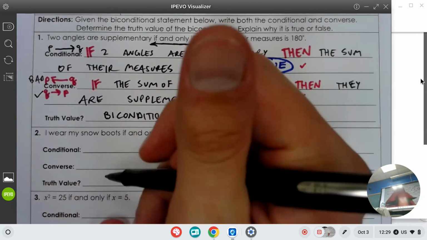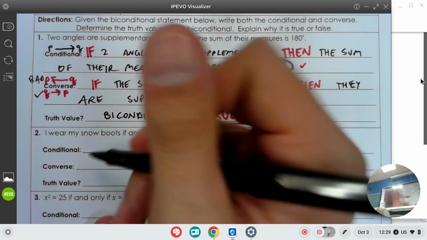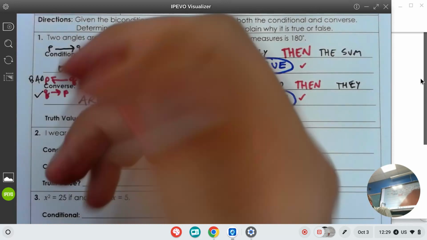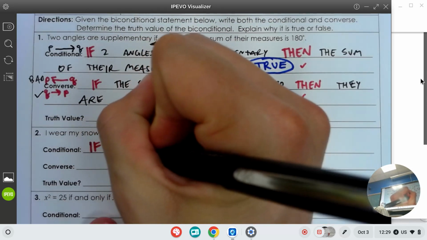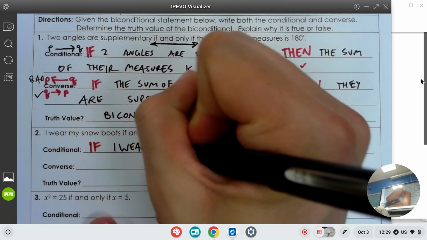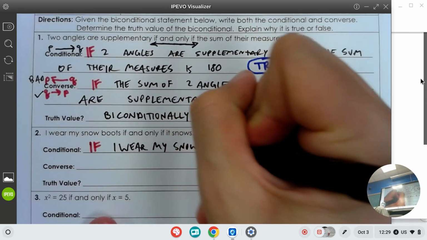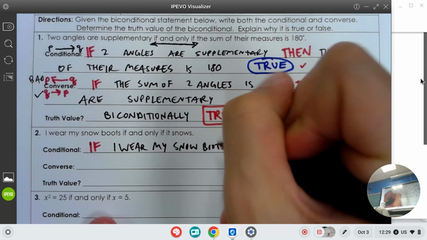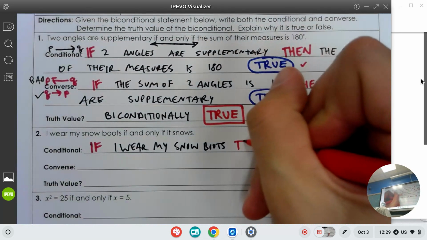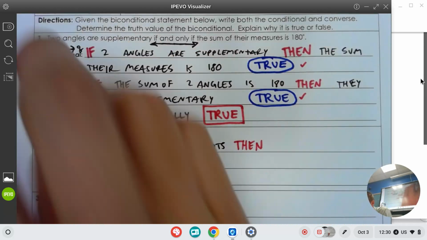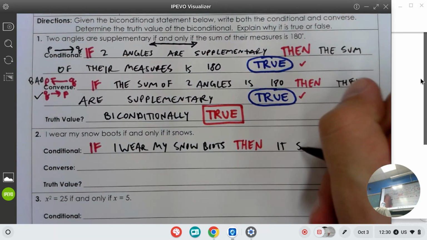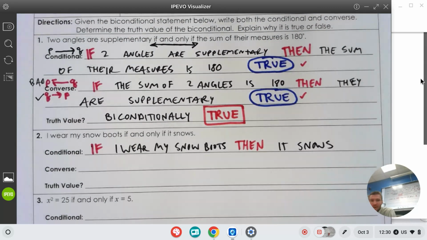Okay? So, forwards. If I wear my snow boots, then it snows.